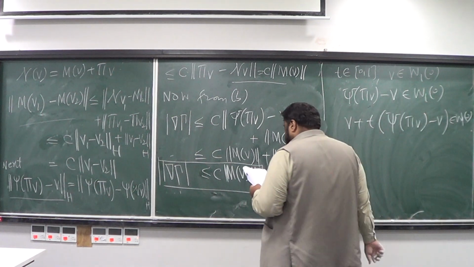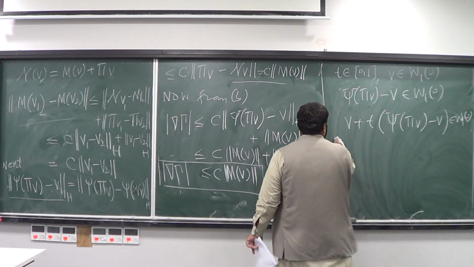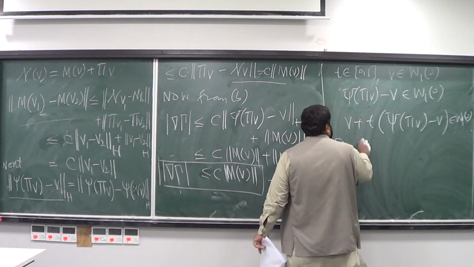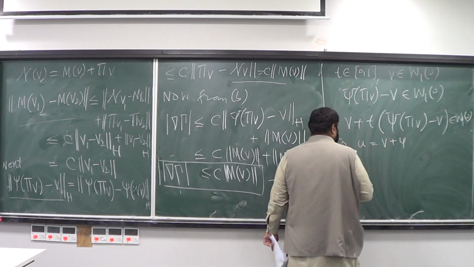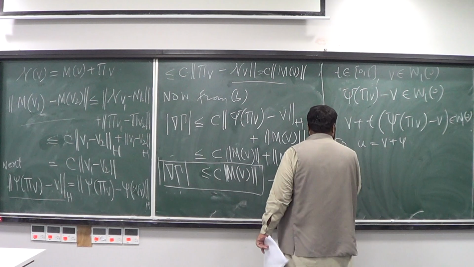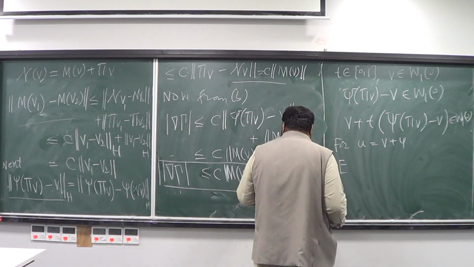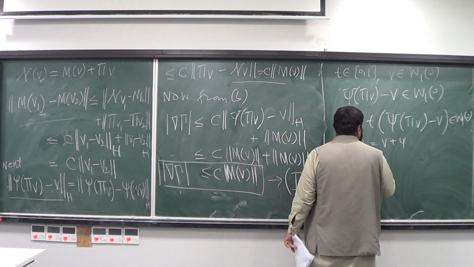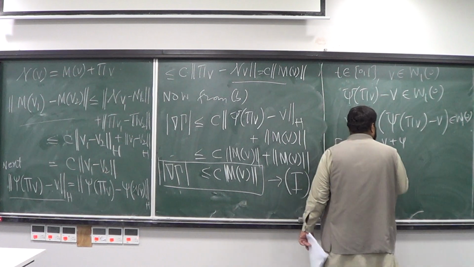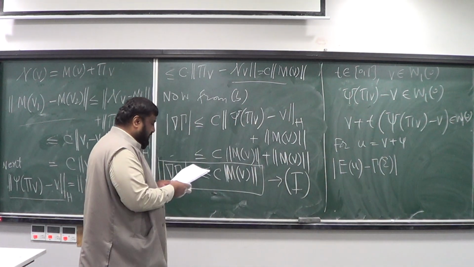So now I would like to calculate an interesting thing, keeping in view that u is v plus psi. Let's calculate this. This is the difference of E of u minus gamma of xi. This is what I would like to compute: E of u minus gamma of xi.